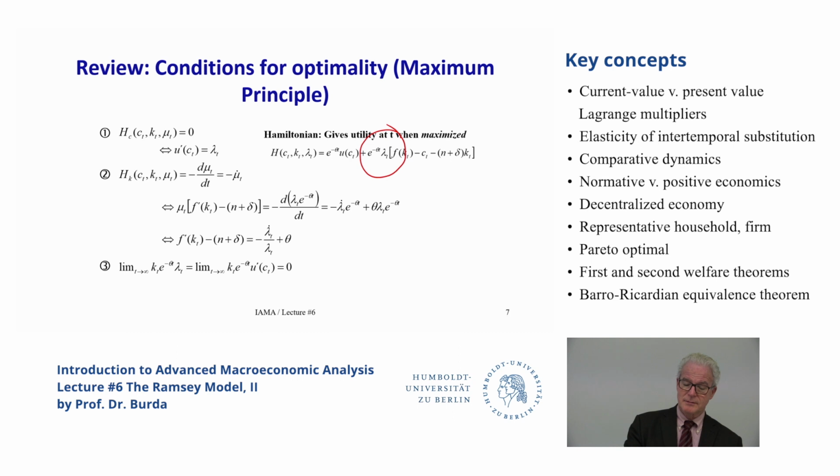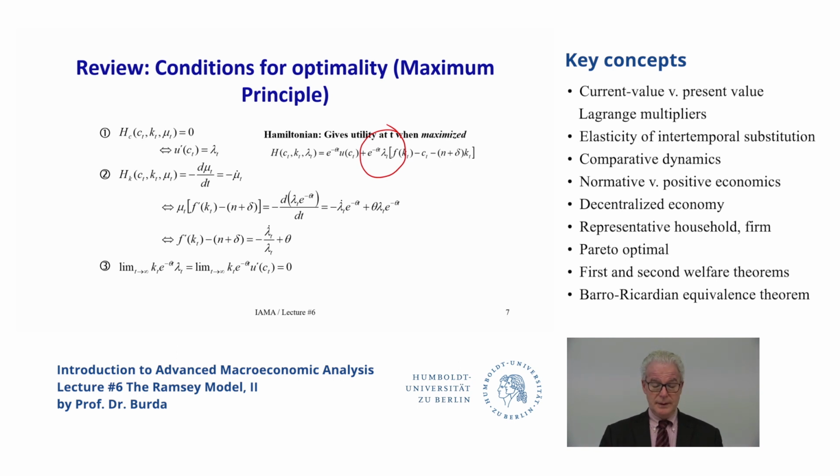Okay, so that's a convenient way of dealing with this problem, because when we look at the behavior of the social planner and the planned economy, we want to look at lambda_t, which is the current value of relaxation in period t, of relaxing the resource constraint, and not the present value from some perspective of an arbitrary t equals 0, at which the time the planning was actually executed.